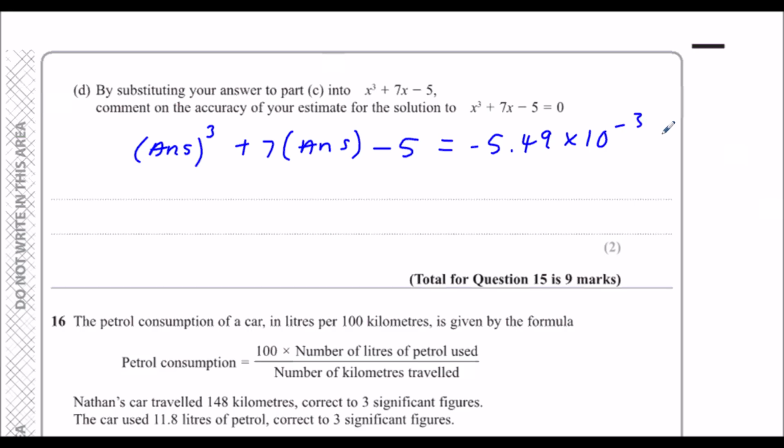So comment on the accuracy of your estimate. Well, it's very close to 0, so because that is 0.005, so it is close to 0. Therefore, quite accurate.